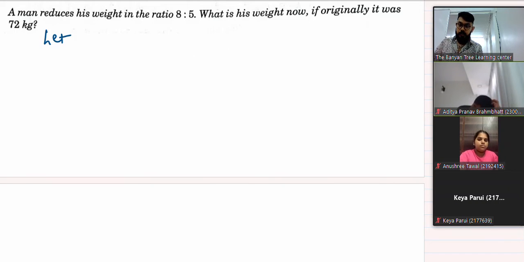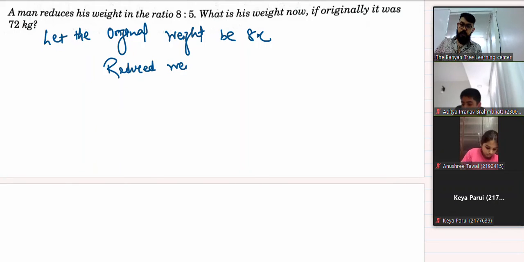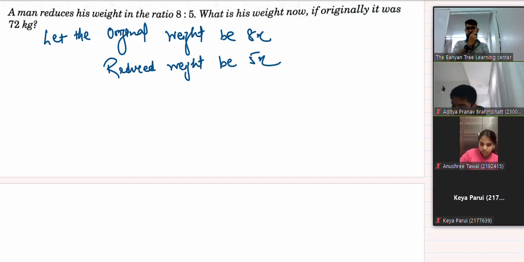So let the original weight be 8x and reduced weight be 5x.